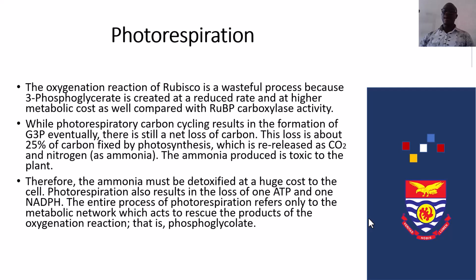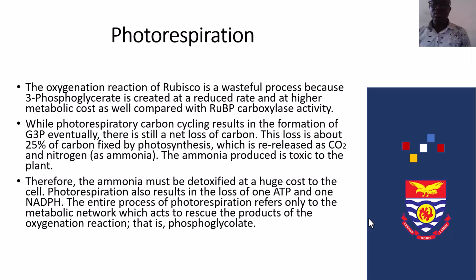This loss is about 25% of carbon fixed by photosynthesis, which is re-released as carbon dioxide and nitrogen as ammonia. The ammonia produced is toxic to the plant. Therefore, the ammonia must be detoxified at a huge cost to the cell. Photorespiration also results in the loss of 1 ATP and 1 NADPH each.